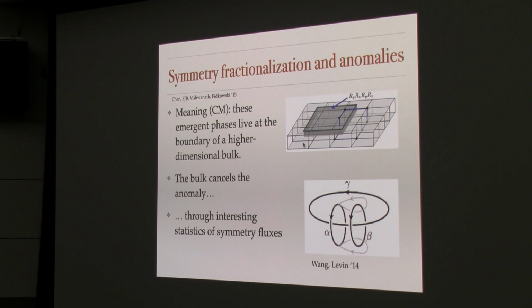And indeed, that is the case for these kinds of symmetries, okay? So you can show that once you add this funny symmetry to the boundary of a higher dimensional system, you have a version of this anomaly inflow such that the bulk cancels the boundary anomaly.